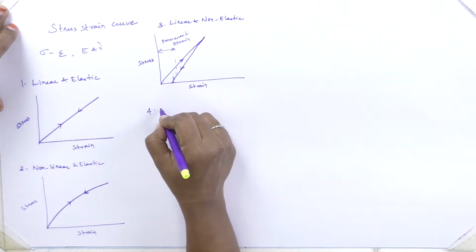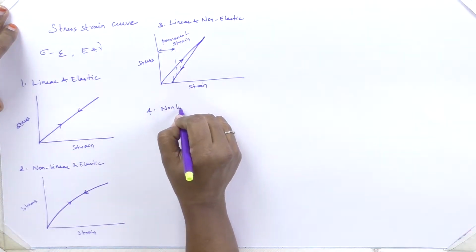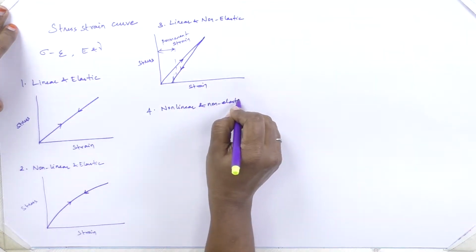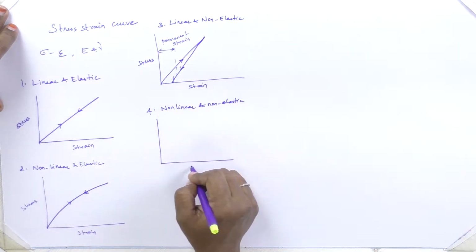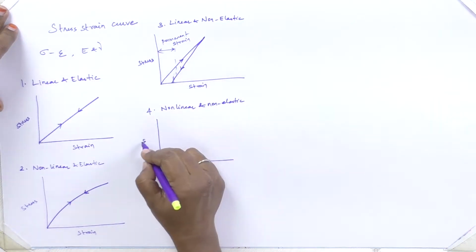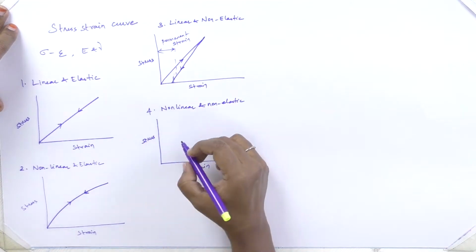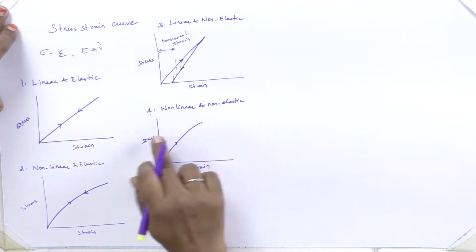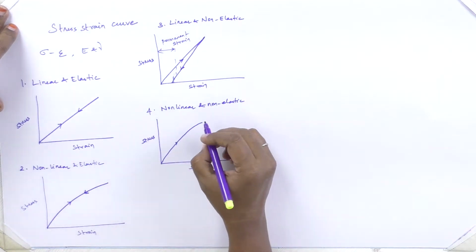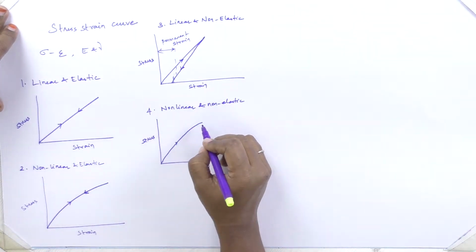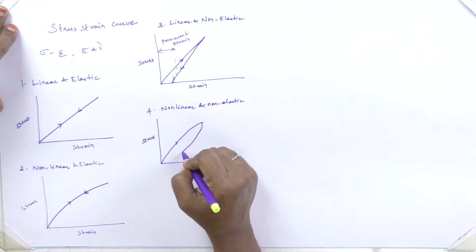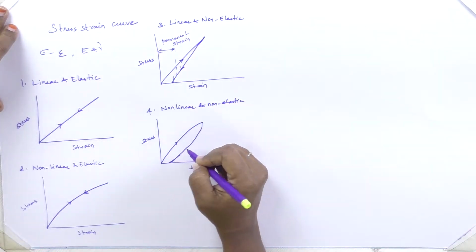Fourth one is non-linear and non-elastic. During loading, the stress and strain vary non-linearly, and while removing the load also it will not follow a linear pattern.